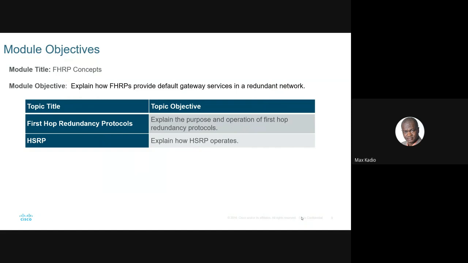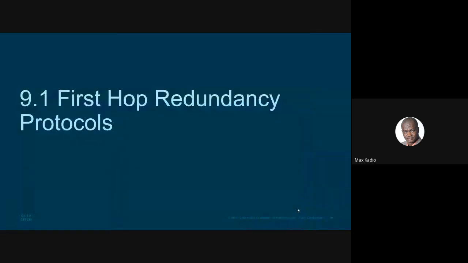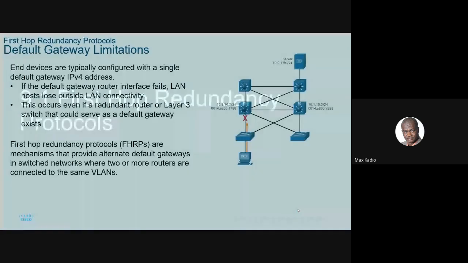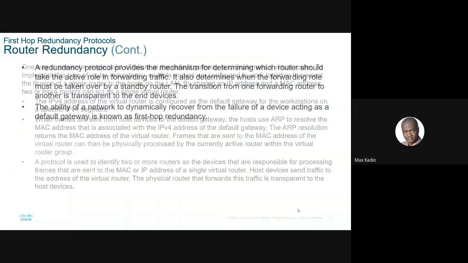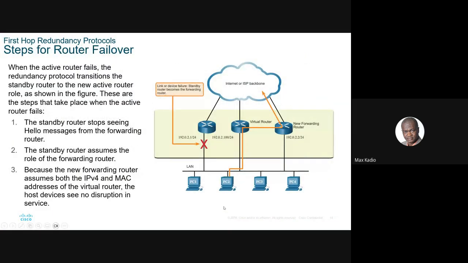I'll explain to you now. One second, I'm checking something quickly. Okay, I can do that later. First hop redundancy protocols are like a backup for routers. One minute, we are done. I'll explain to you why.